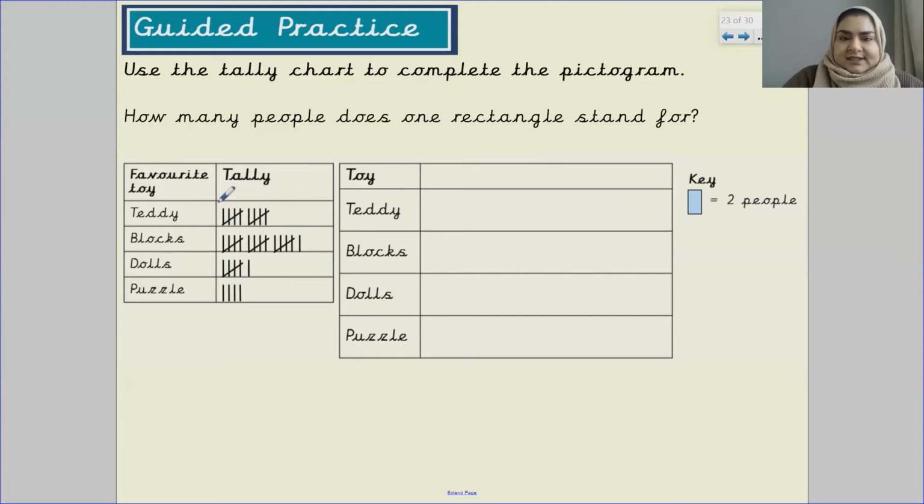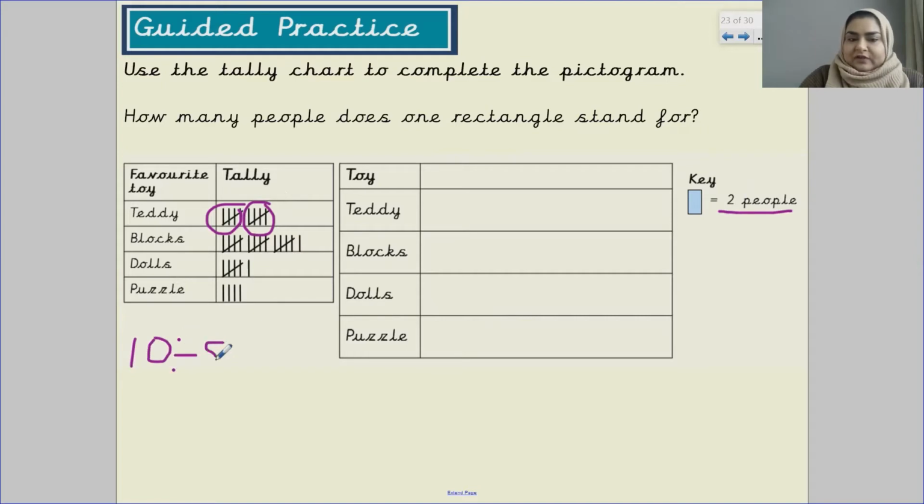The reason I know this is because when you're tallying, one tally means 1, and we know that this means 5 and then this means 10. So if I look over here, this is telling me 1 rectangle means 2 people.